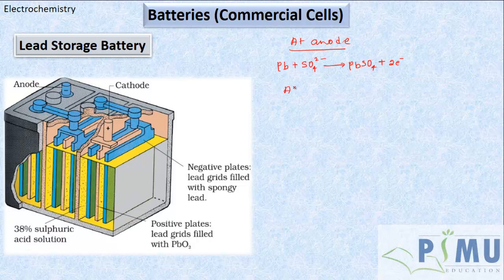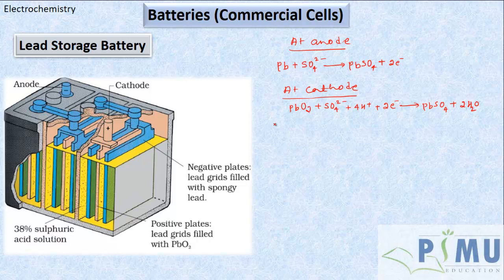At cathode, PbO2 plus SO4 2- plus 4H+ plus 2 electrons gives PbSO4 plus 2H2O.